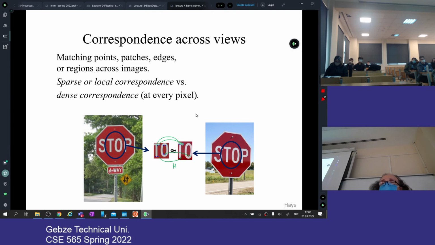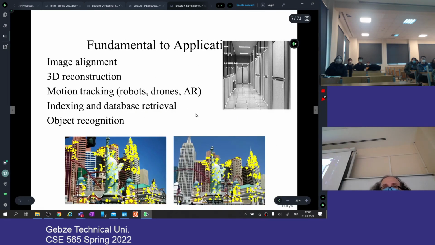Doing such a thing with the edges is more difficult because there are many edges you can see in an image, but the number of corners is small. Also, the corners are more distinctive. So we are interested in finding the corners. It's a fundamental application for image alignment and registration of images.